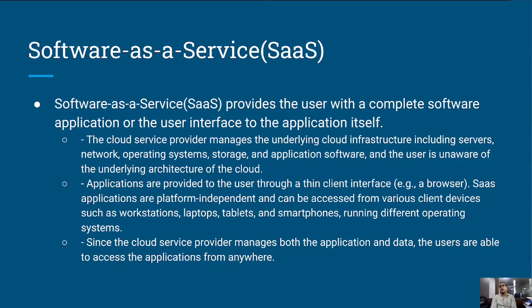Even the application is provided to the user through a thin client interface like the browser. These applications have the benefit that they are platform independent. You just need your browser to access them. Some services like Adobe Photoshop cloud or the Autodesk based cloud services are examples of software as a service.